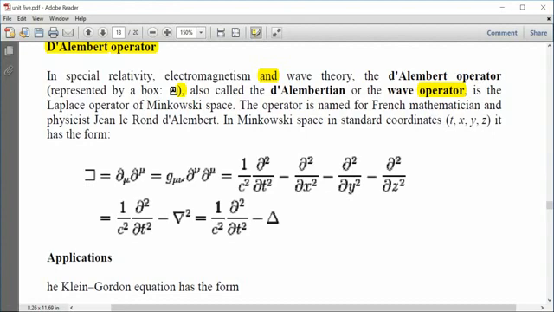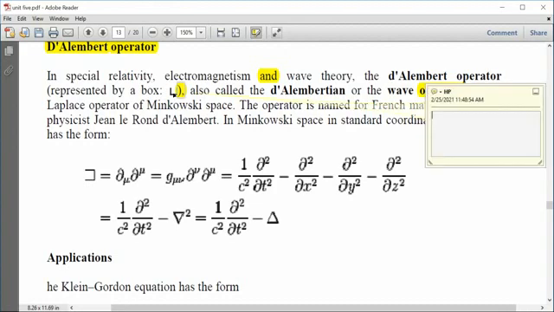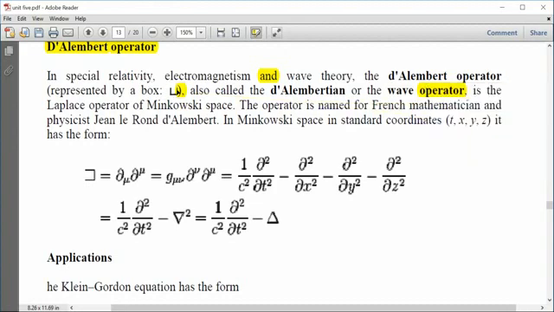I want to select the box, but I hope you can see how I've highlighted it. That is its representation. It is represented by this box facing in a respective direction. And what does this say?